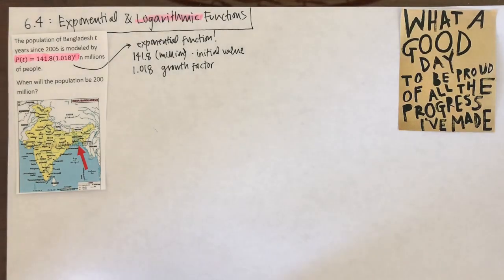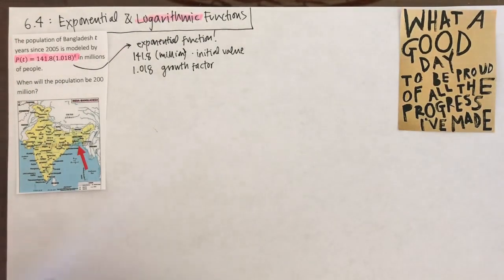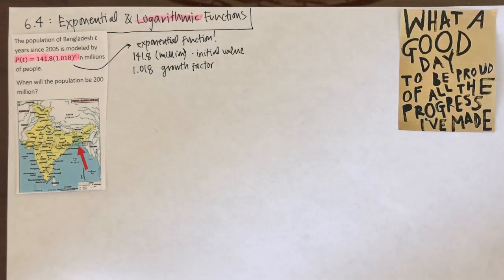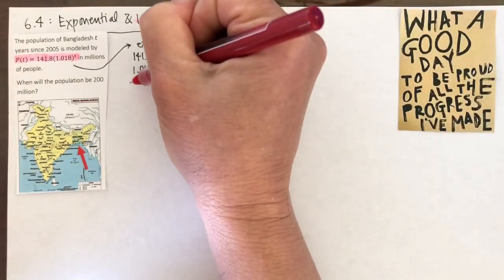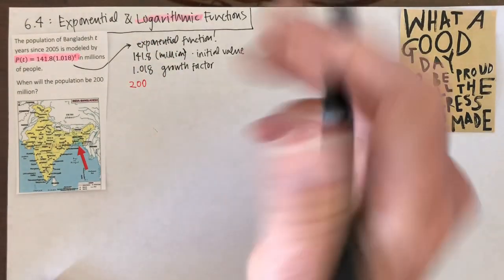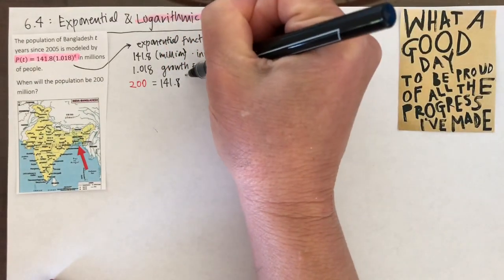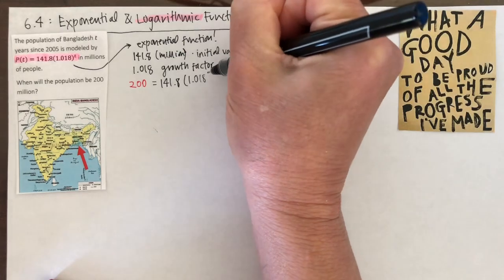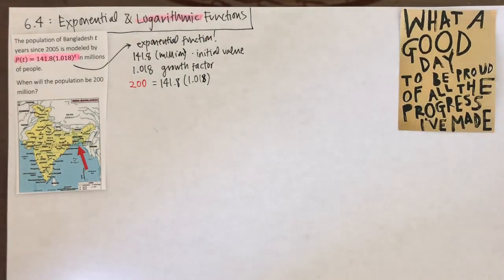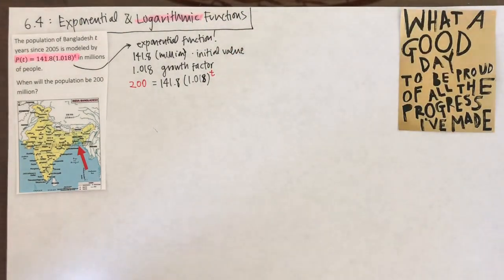Okay, so the question is, when will the population be 200 million? So when is P equal to 200 in this function? When is 200 equal to 141.8 times 1.018 to the t? We're asking when, so we're looking for this t. We're going to try to solve this.